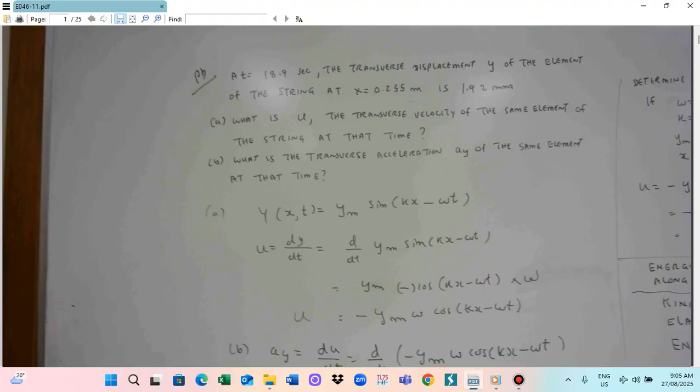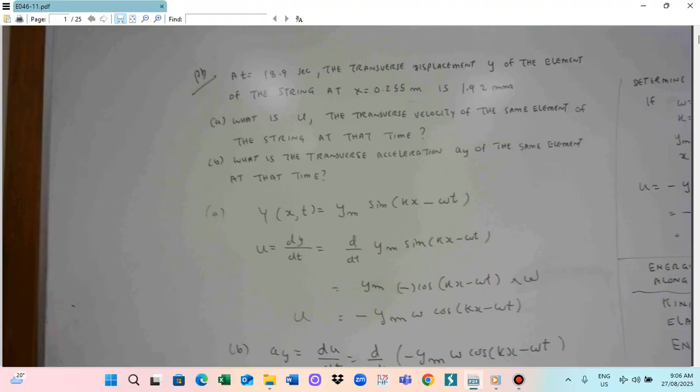So you differentiate the sine. y maximum comes out, and the sine differentiates to minus cos of (kx minus omega t).